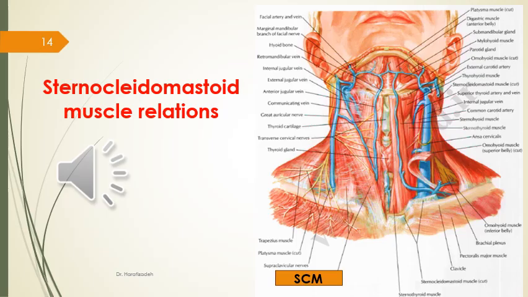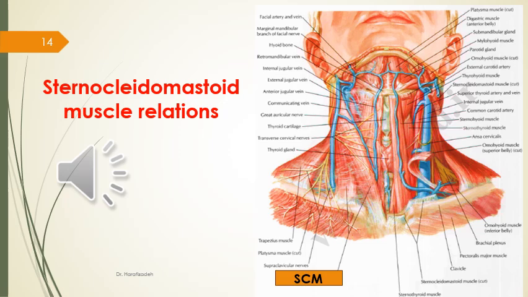Regarding the relations of this muscle, you can see in the picture that at about the midpoint of the posterior border of the sternocleidomastoid, the accessory nerve emerges. If we look more carefully, we see that several nerves also emerge from a single point.